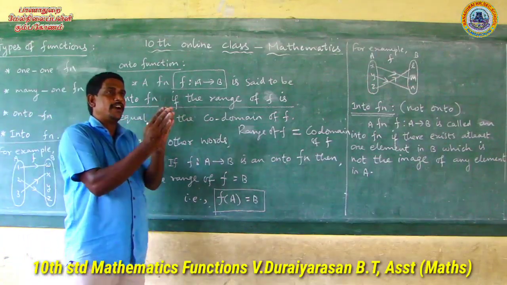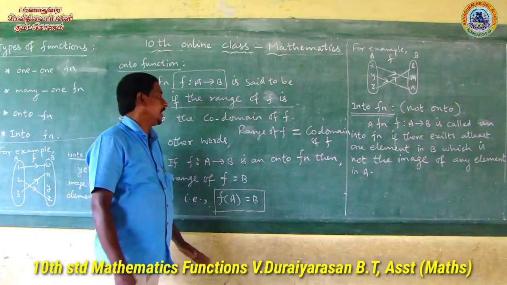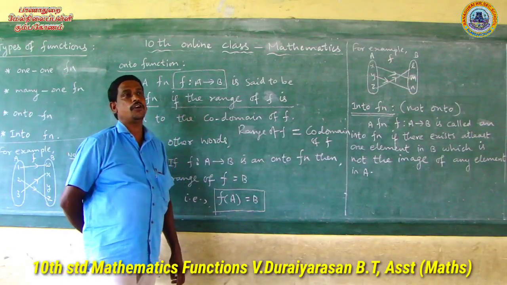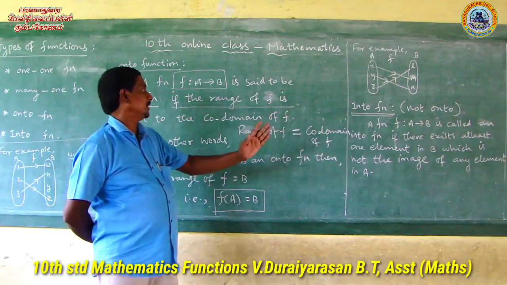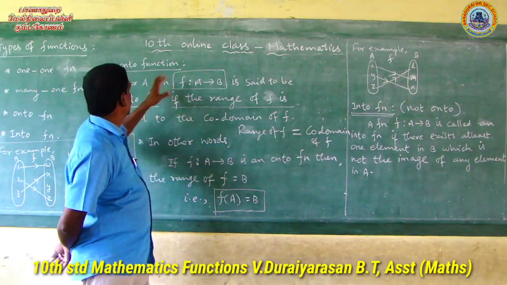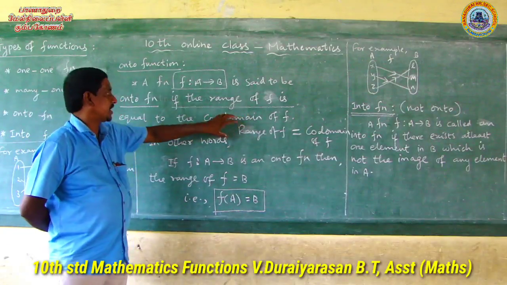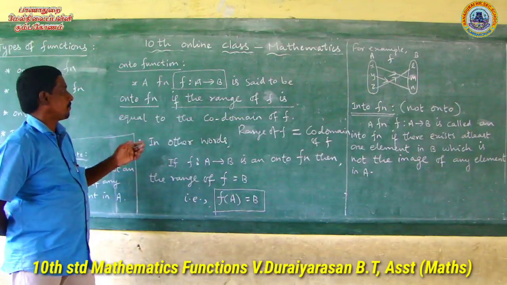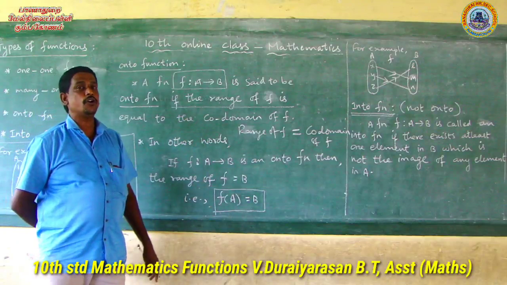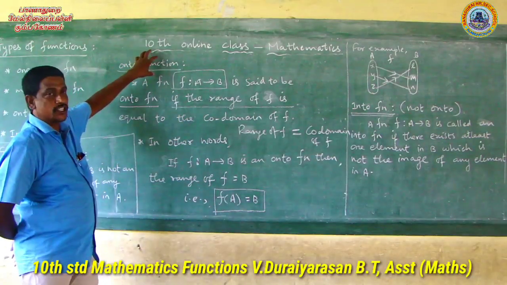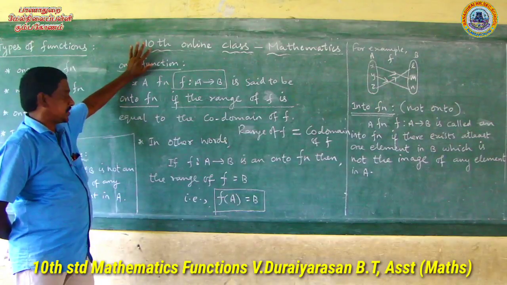The number of range elements is equal to the number of codomain elements, and they are the same. That is an onto function. If the range of f is equal to the codomain of f, the function is called an onto function.